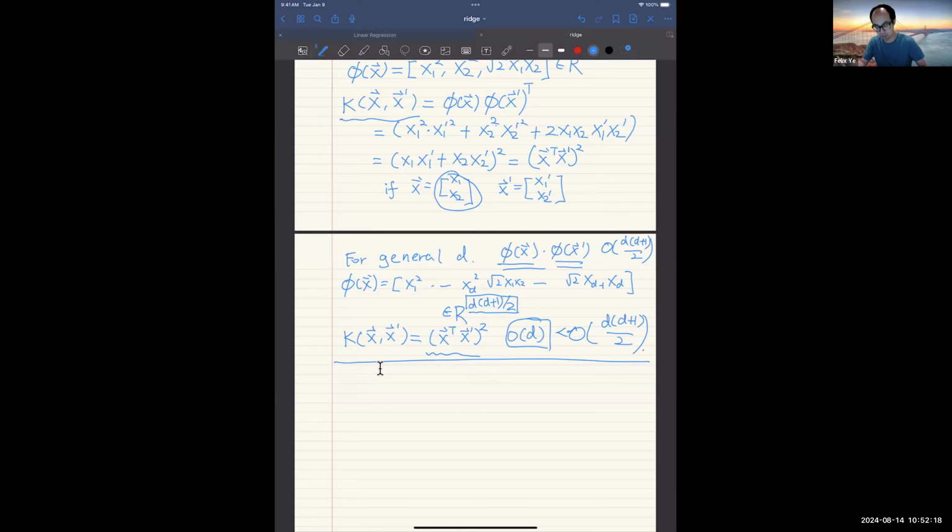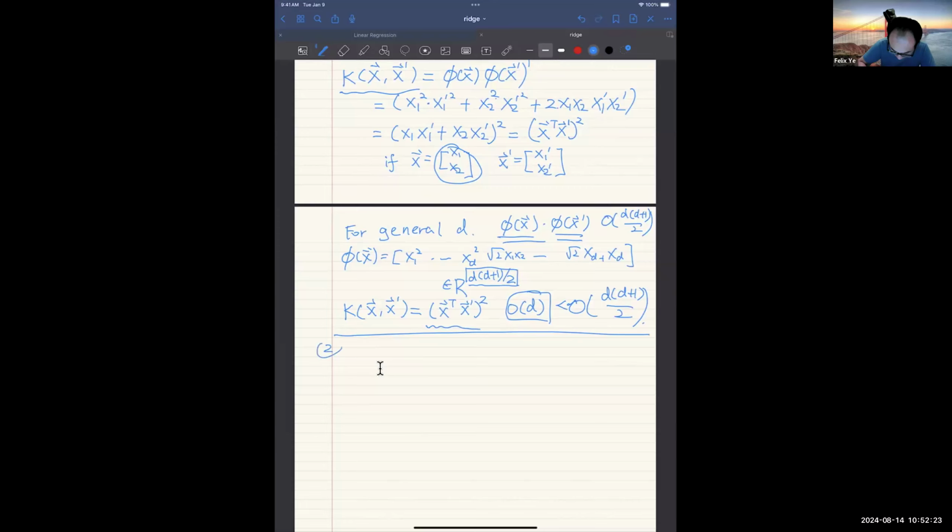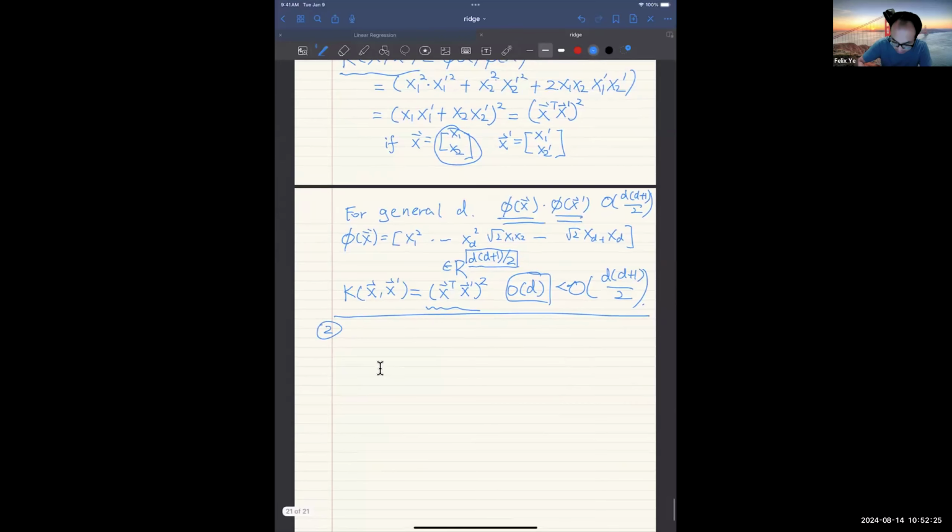Okay, so in fact, we can even consider something slightly more complicated. Consider the polynomial features of degree up to k. So not only do we consider degree precisely equal to k, but we also consider degrees lower than k, for example k minus 1, k minus 2, and so on.